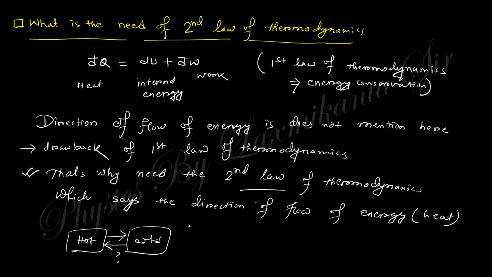There are various statements available for the second law, but the two acceptable statements are the Kelvin-Planck statement, initially given separately but finally combined, and the Clausius statement. These are the two well-known statements of the second law of thermodynamics.